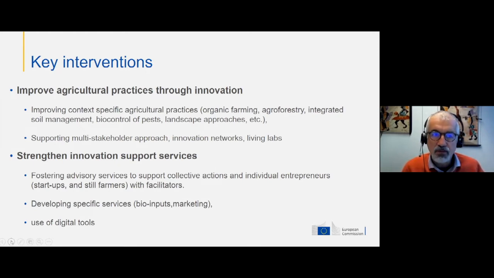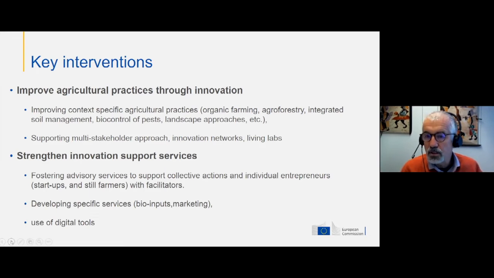In this kind of intervention, it's recommended to have a multi-stakeholder approach with producers, researchers, NGOs, private sector. All of them work together and create innovation networks, and they can build together innovation and create living labs.